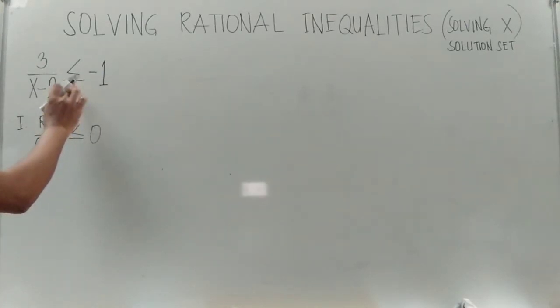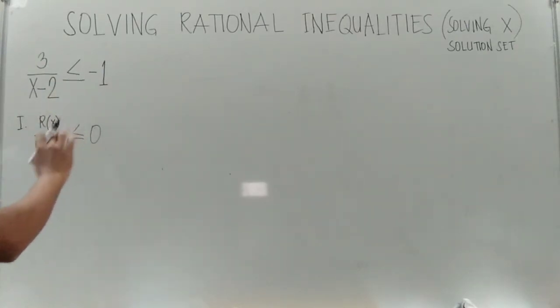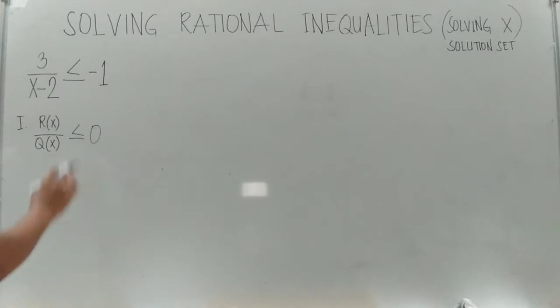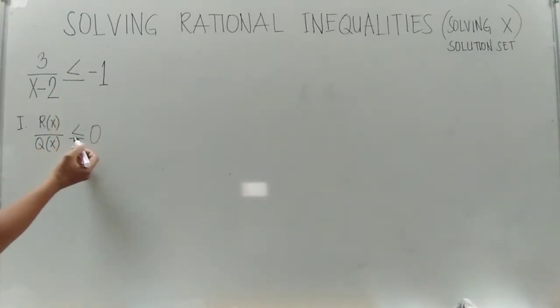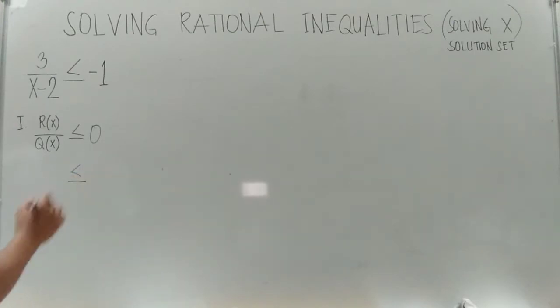In our case, we have less than or equal to, but in some other rational inequality, you will be using less than or greater than or equal to. But in our case, again, we will be using this one. So we have less than or equal to 0.